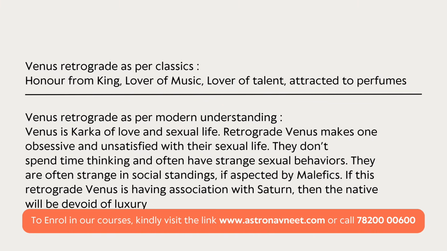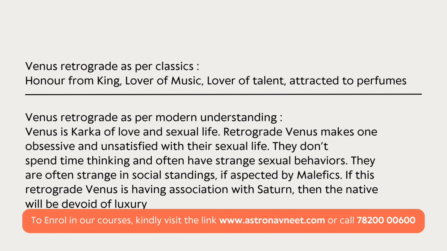It is karka of love and sexual life. Sex is Mars, but the significator of sexual life is Venus. ये बात याद रखिएगा. The capability of sex is coming from Mars, but sexual life is coming from Venus.